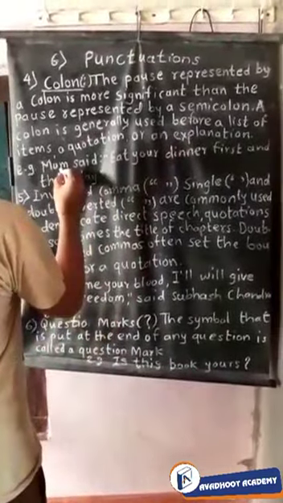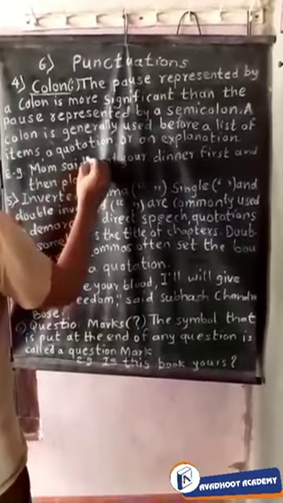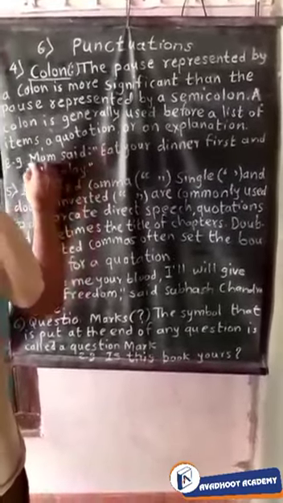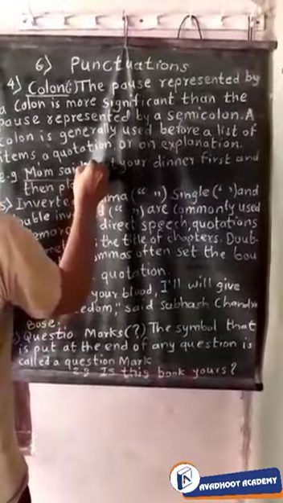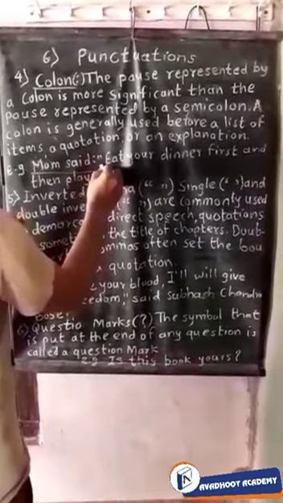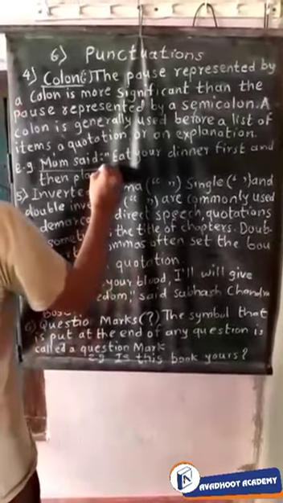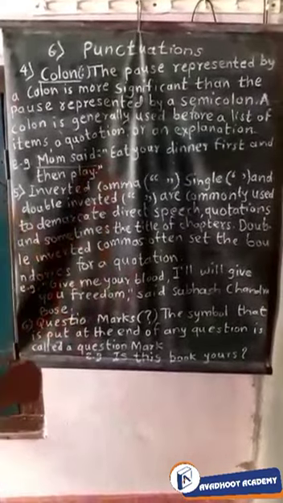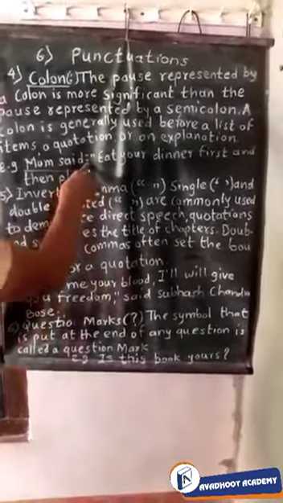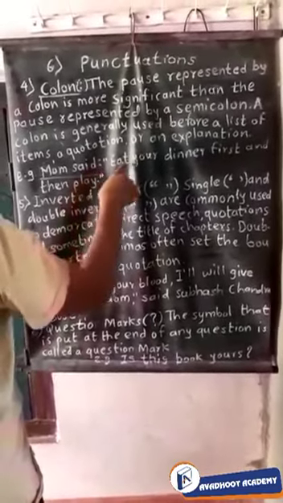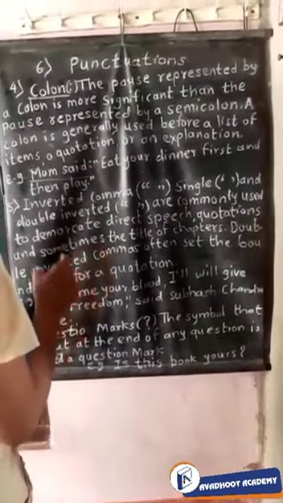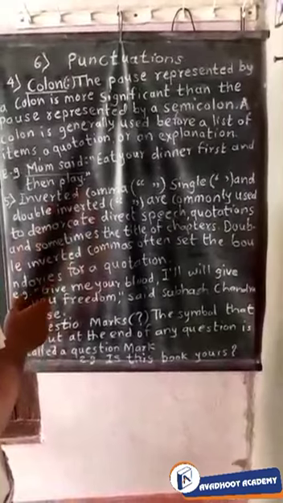For example, Mom said: "Eat your dinner first and then play." Here, after Mom said, a colon is used, and then Mom's speech is given in inverted commas, completed, and then a full stop.